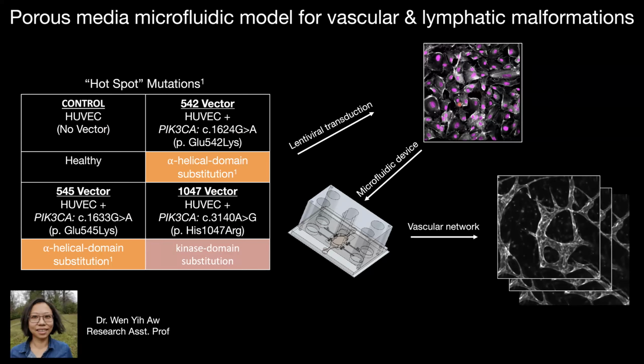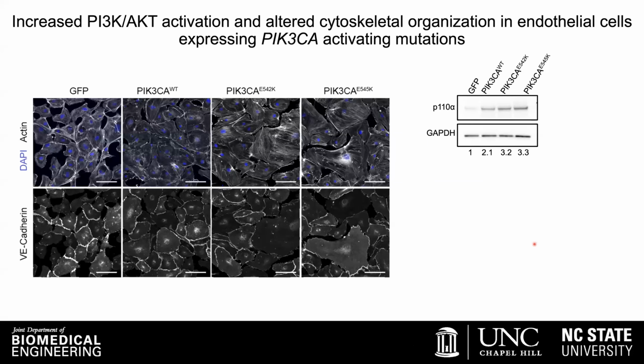So to create stable lines of HUVECs expressing each one of these, and then to introduce them into microfluidic devices using the vasculogenesis technique I described earlier, to allow them to assemble vascular networks and to see if there's any difference between the control or wild type and those overexpressing the mutants.